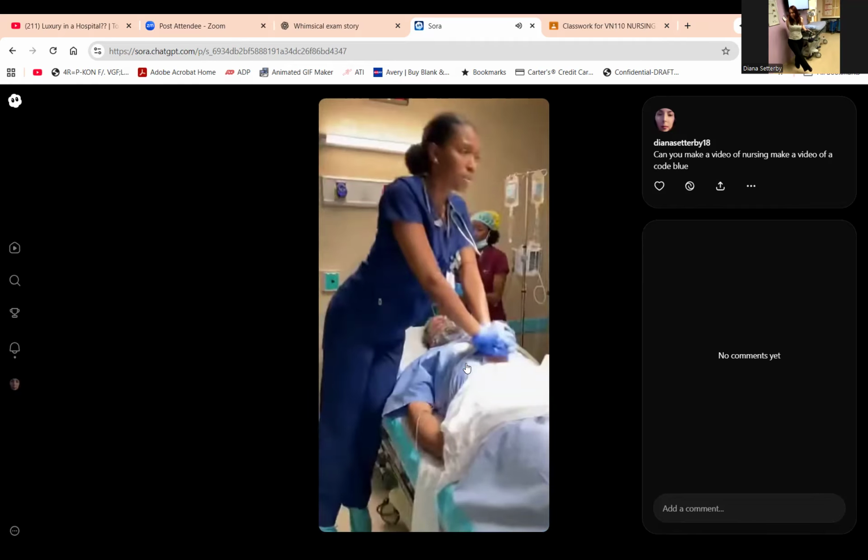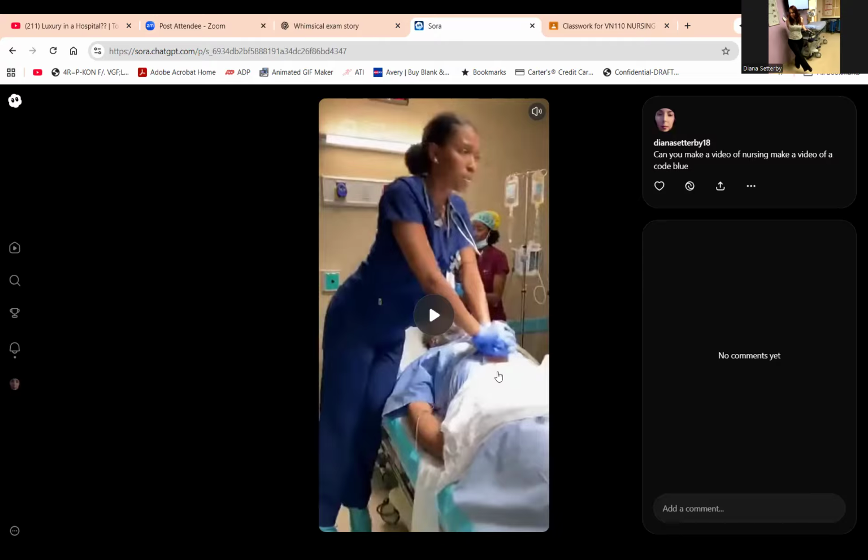Good job, team. So in this one, you can see hands completely in the wrong place. We don't have the correct area. We're not doing chest compressions. She's doing abdominal compressions. You can see the palm is not compressed correctly. You can see nobody's at the airway. Nobody's doing any type of note taking to be the recorder.